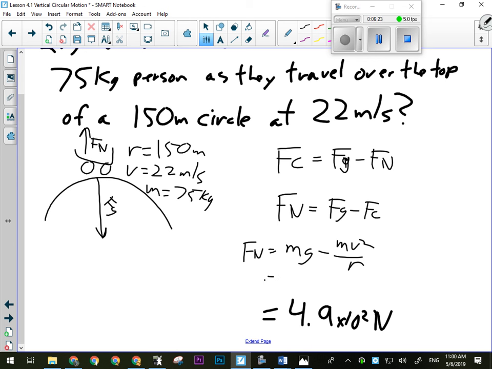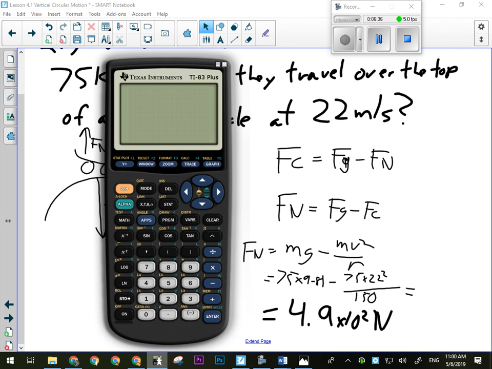When we plug in our numbers, that'll be 75 times 9.81, minus 75 times 22 squared, divided by 150. I forgot a bracket.